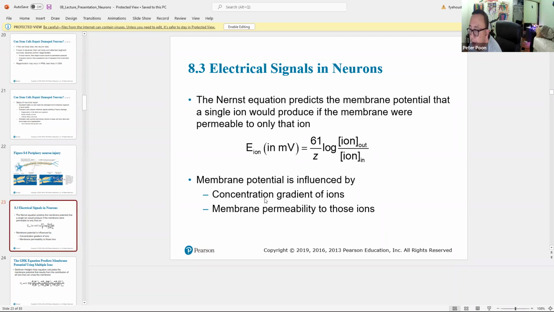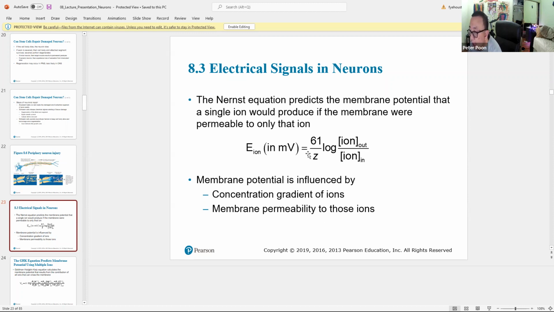There are a few things that determine the membrane potential. One is concentration, inside and outside, and how much there is. Then there's the membrane permeability, which will affect the ratio.